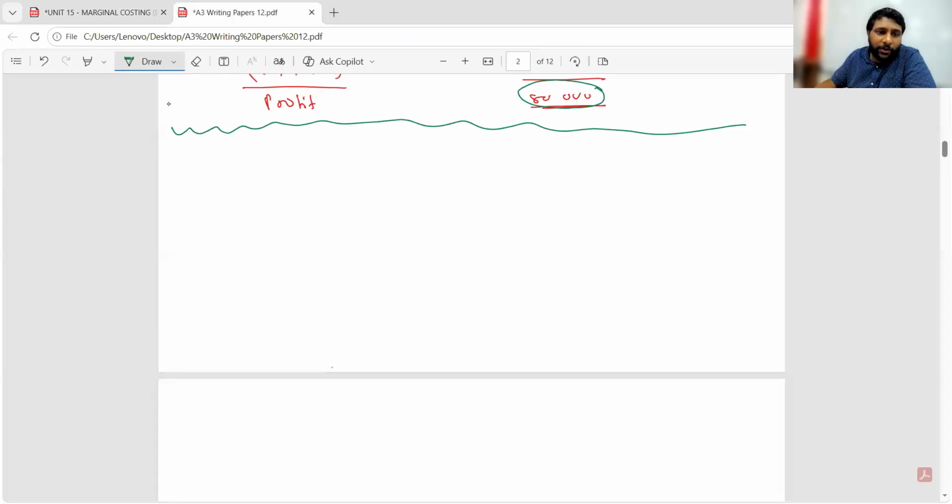So everyone tell me how to calculate the total cost first. Total cost equals the addition of the total fixed cost and the total variable cost.